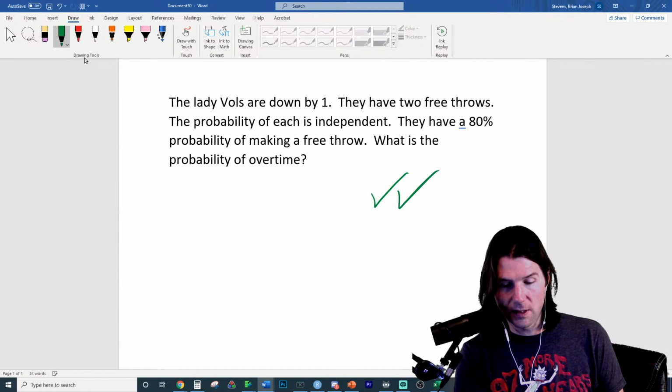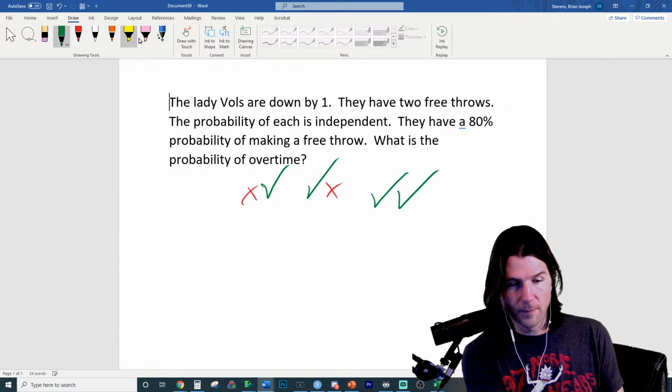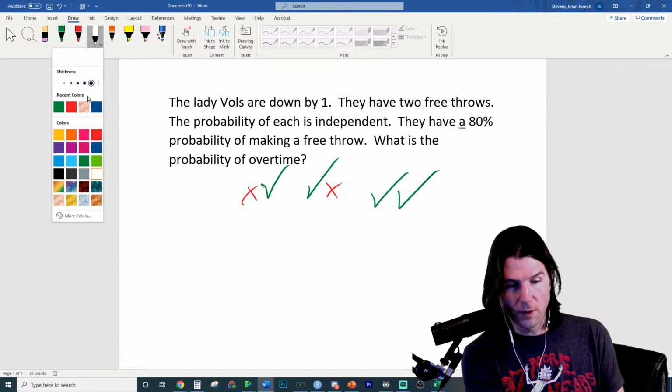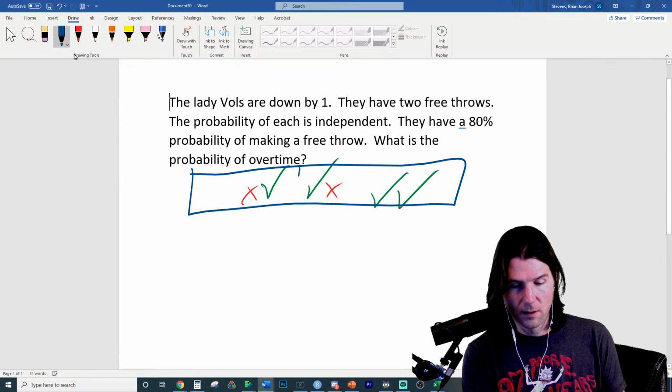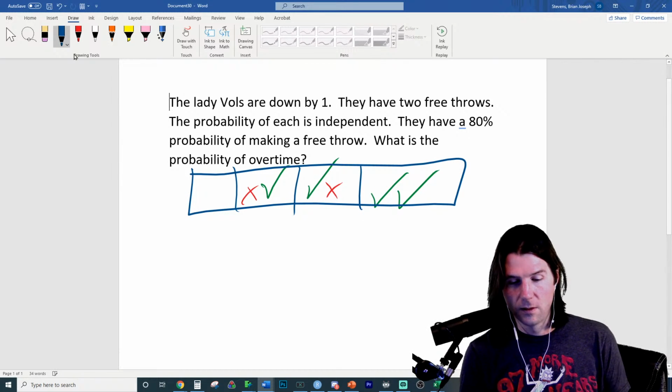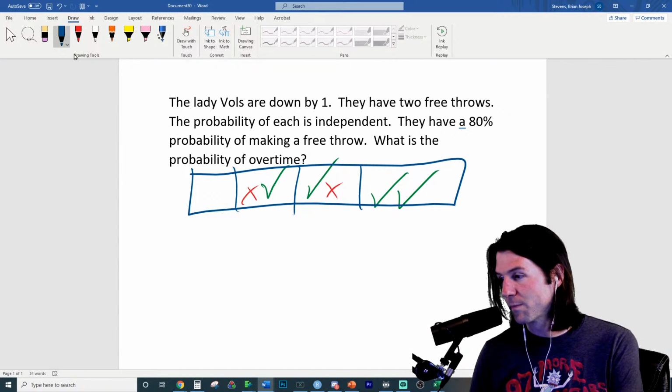Think about the 4 things that could occur right here. What are the 4 things that could occur?